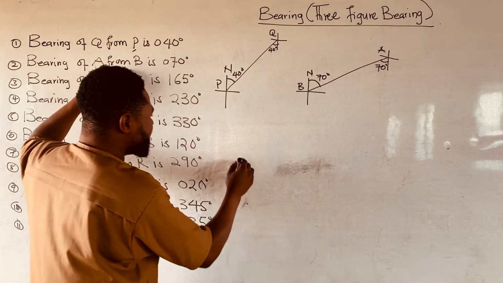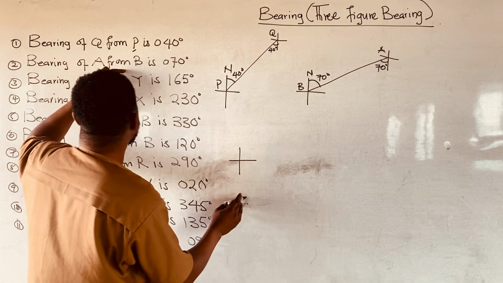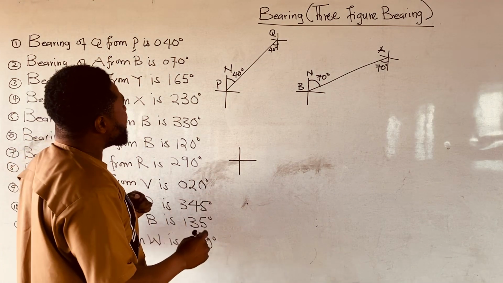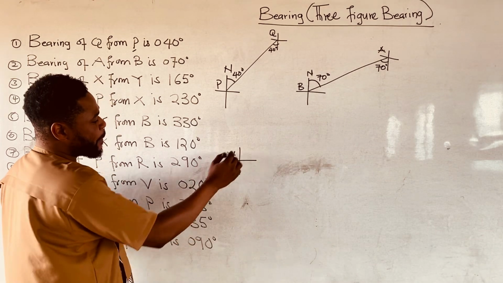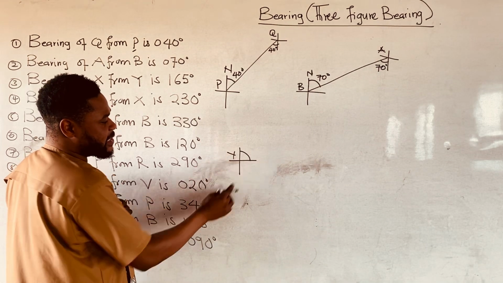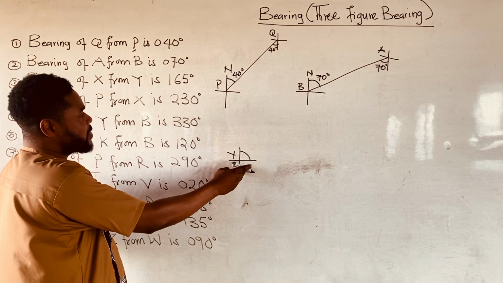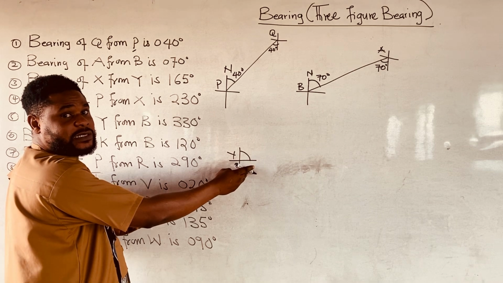Again, let us see how we can take a bearing of 165 degrees from Y. Now, from here to here is 90. Now, 165 will be in this quadrant. Therefore, what are we going to add to 90 to get 165?